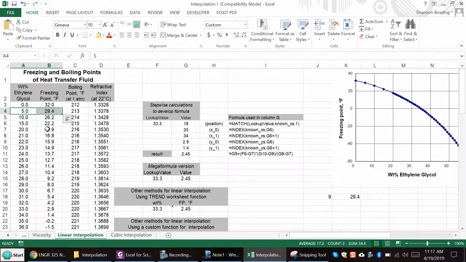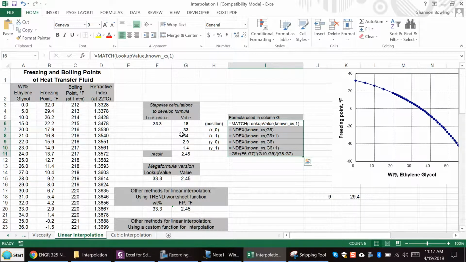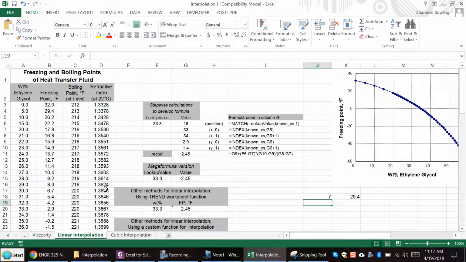So you could come in and you could actually create a formula using all of these functions here to look these numbers up. And so what you would end up doing is you see like this plus 1 here, G6 plus 1, G6 plus 1. So imagine that if I wanted to find the value of 7, well, what I would do is I would have it find the value of 5, and then I would have it find the value of 10, right?